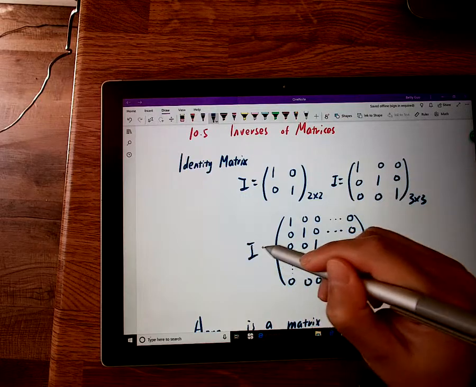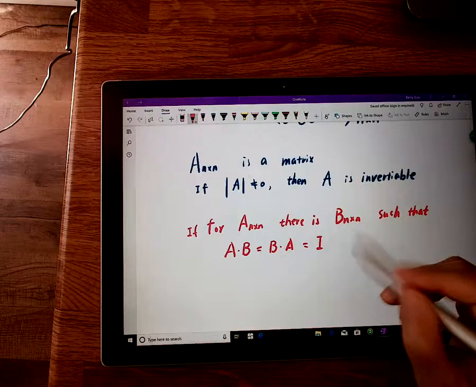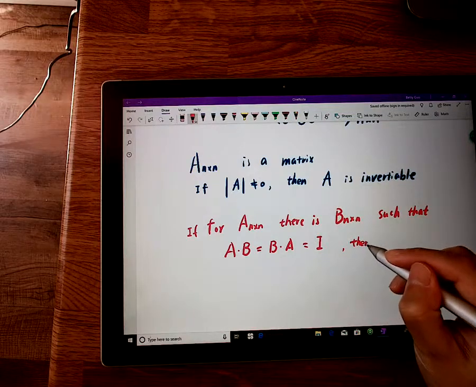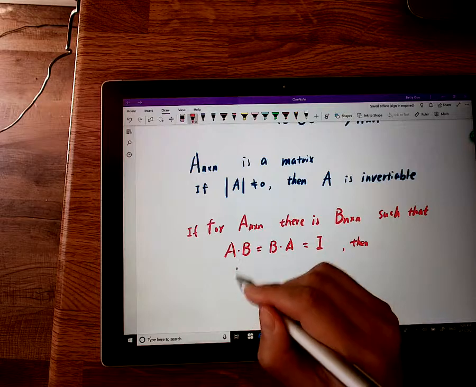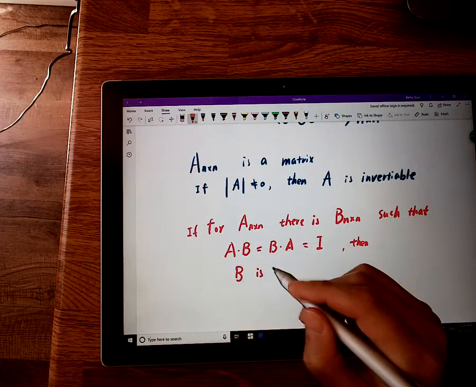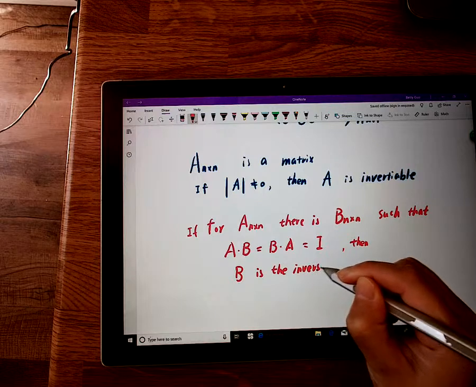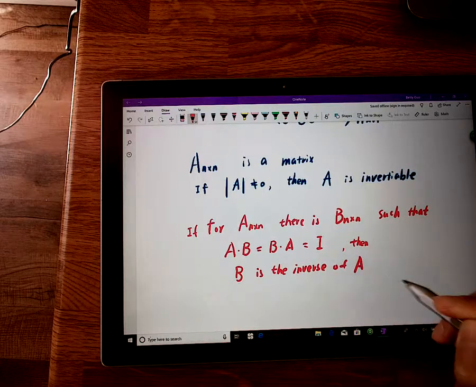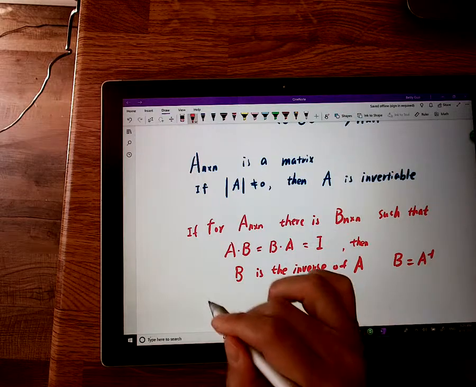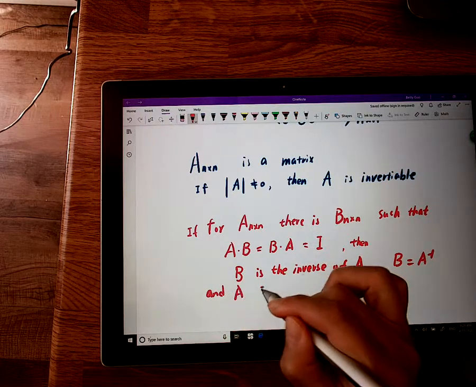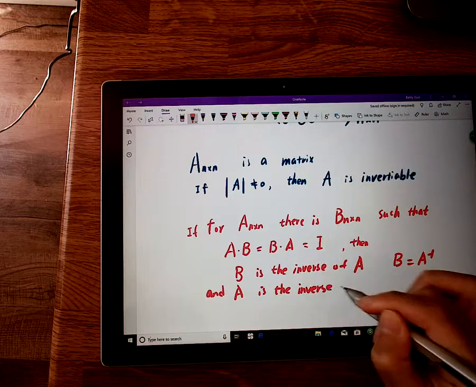Then we say B is the inverse of A. So B equals A inverse. Also, A is the inverse of B.